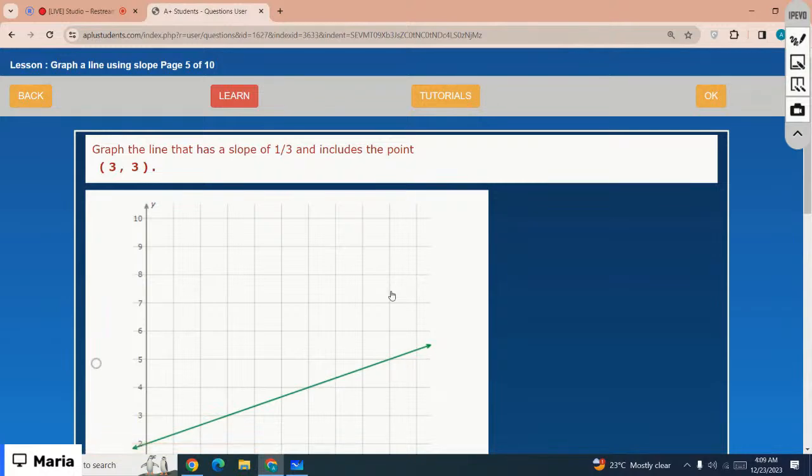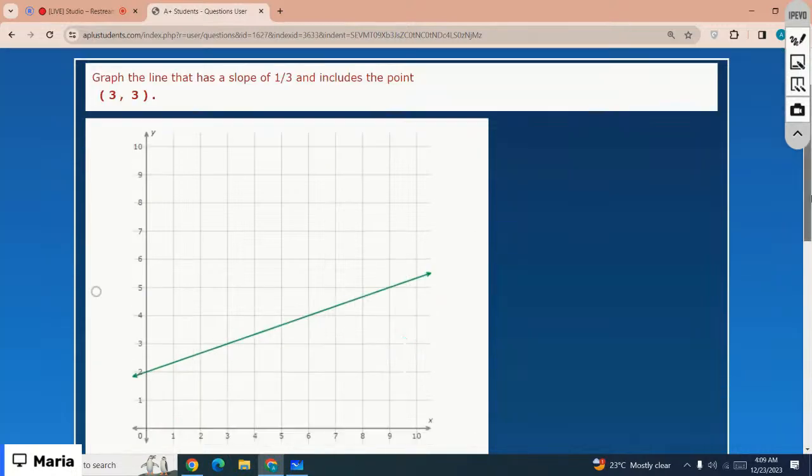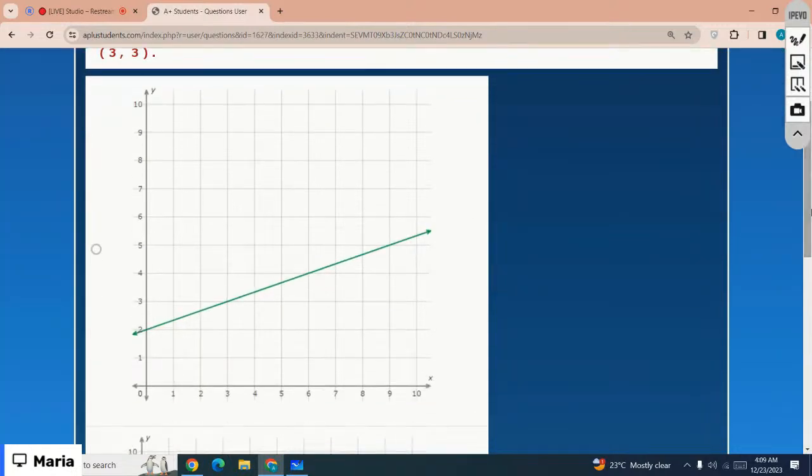Okay, graph the line that has the slope 1 over 3 and the point (3, 3). So just check the first graph. Then I'll move to the second one, right?